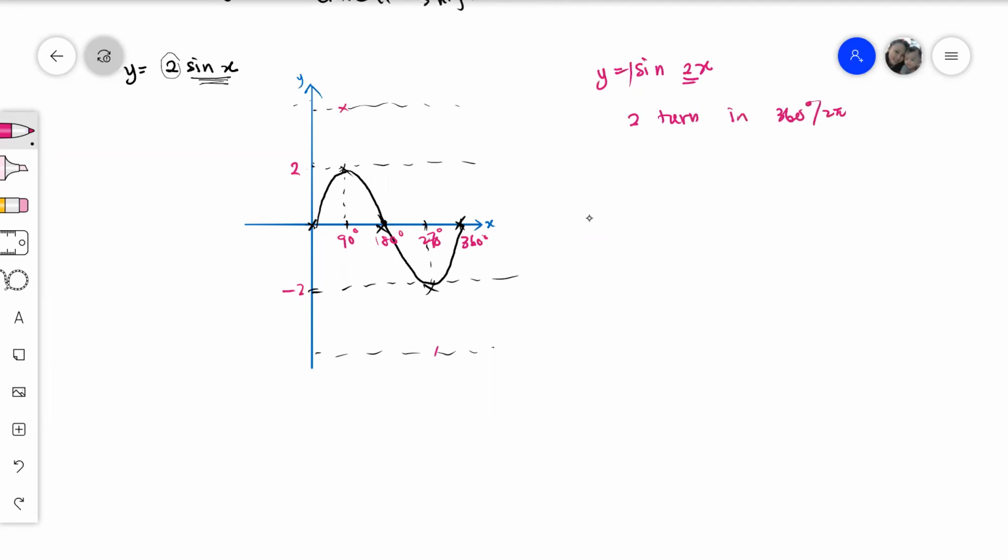So we just draw 2 complete oscillations. Mark the 4 quadrants, 1, 2, 3, 4, then start at 0, then maximum, 0, minimum, back to 0. We will have this graph.